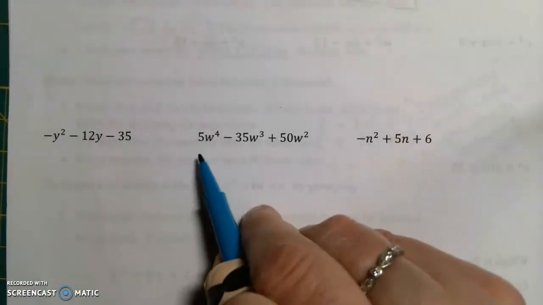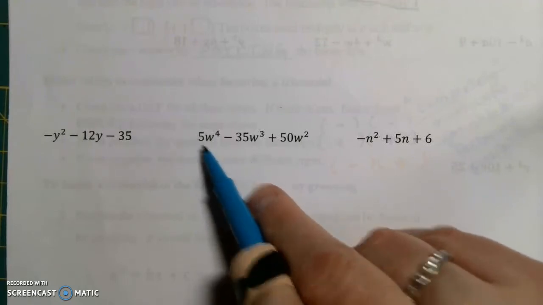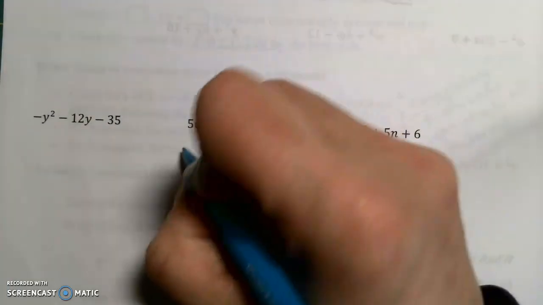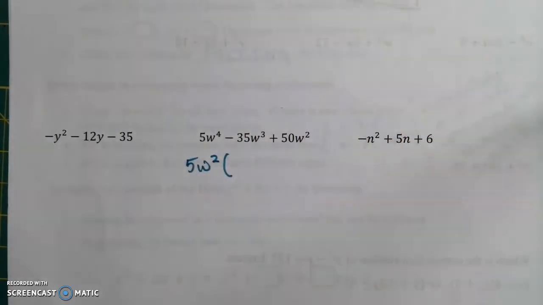Okay, so for that one, if I'm looking for a common factor, this one kind of screams out at you because you've got a bunch of multiples of 5 there. So you do have 5 that we can pull out. And then also we have w squared that we can pull out of that.